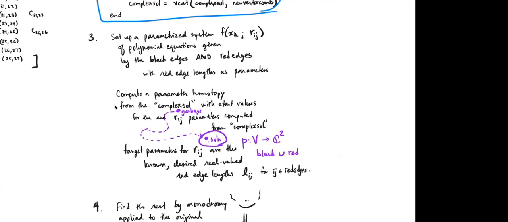And we're going to perturb it from whatever the red edge values were in this complex numbered solution. So the red edges are all complex number value lengths. And we just perturb it to the actual lengths. Because at the beginning, we knew the length for every red edge. We knew all those lengths. So we have a list of correct red edge length values.